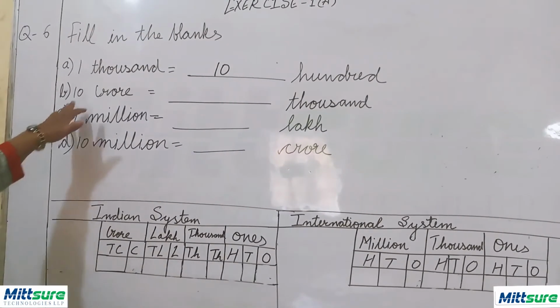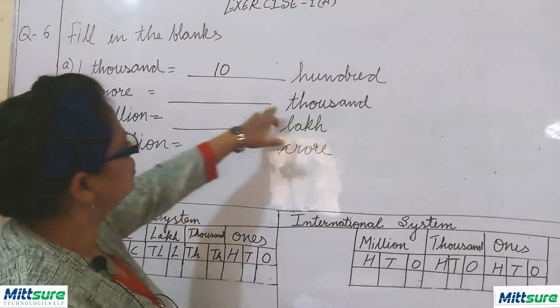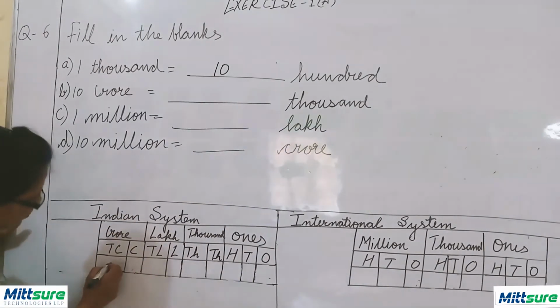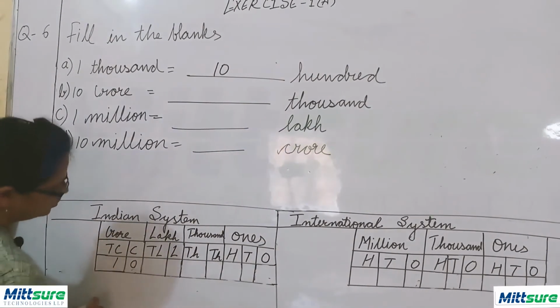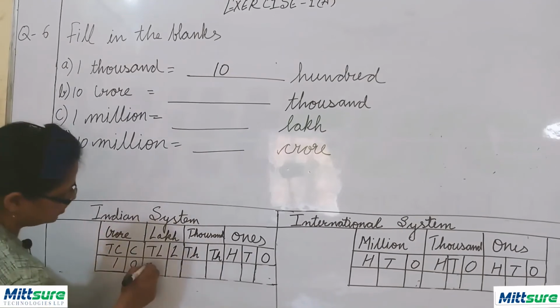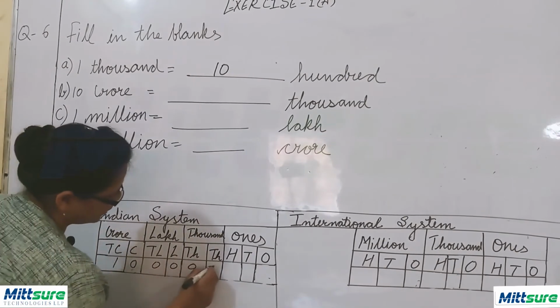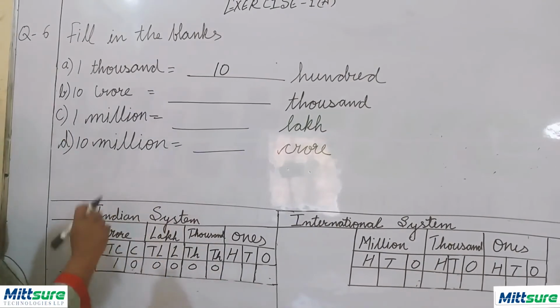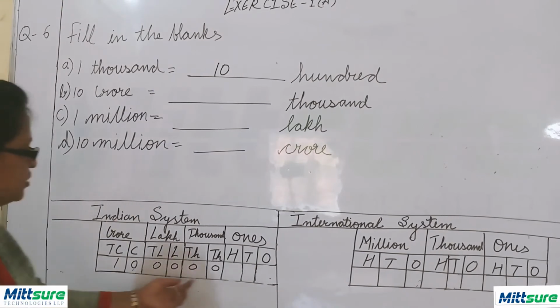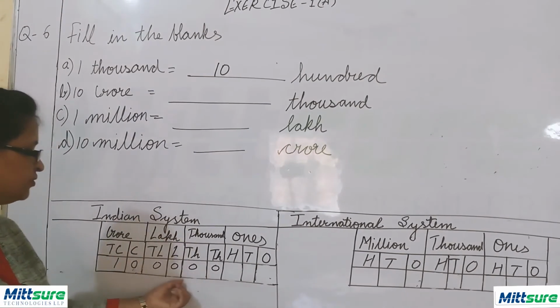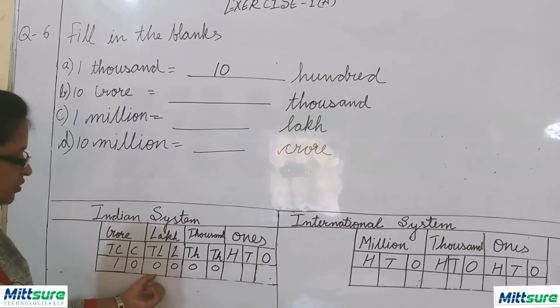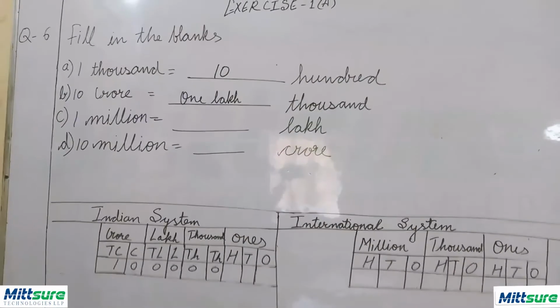Next is 10 crore equals dash thousand. I will write 10 crore here and thousands here. Then I will put the zeros. This is 10,000, 100,000.